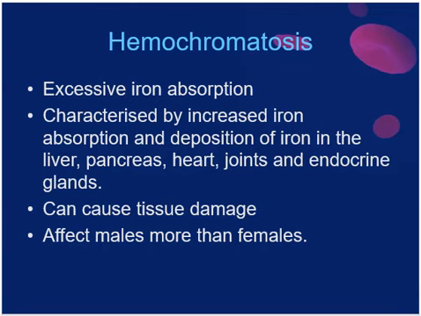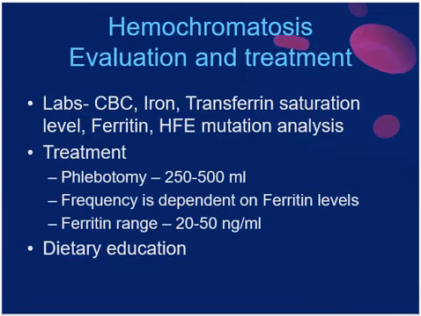If you're concerned and want to do labs for this patient that there might be too much iron: CBC, iron transferrin saturation levels, ferritin, and an HFE mutation analysis. Treatment, as we talked about, is typically phlebotomy, 250 to 500 milliliters.